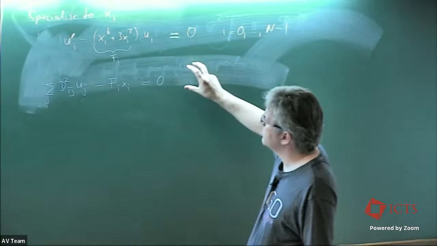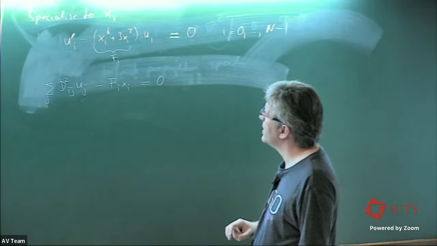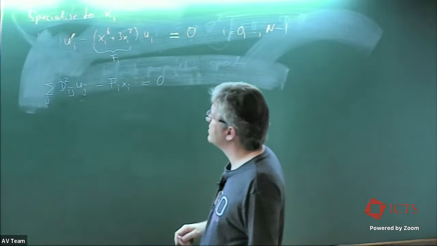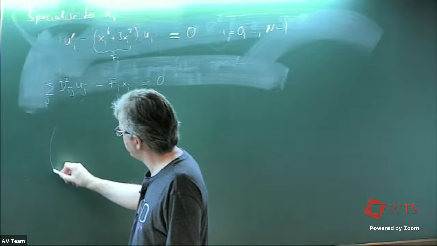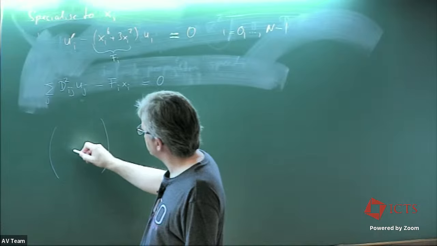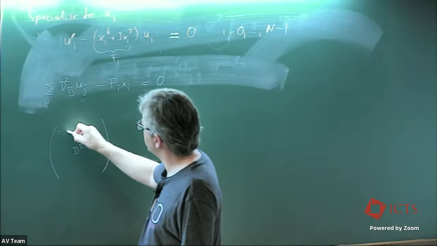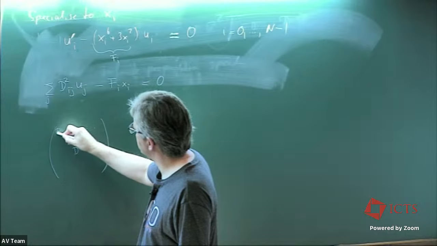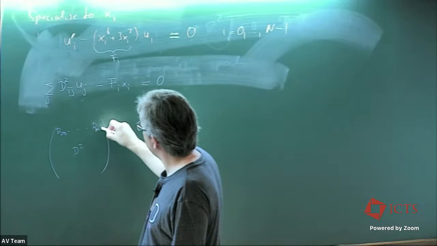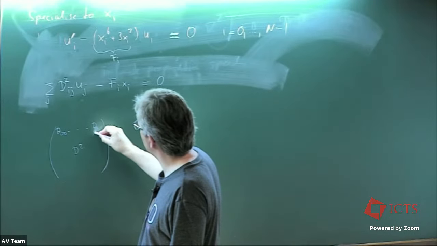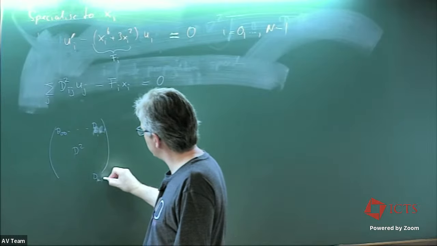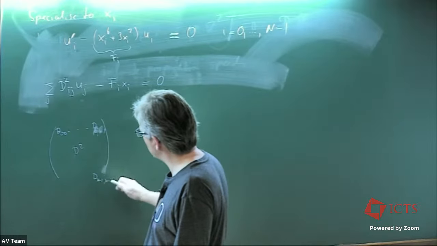And what this now is a matrix equation for the ui. Let me write this out for you. So we have, in the first term, this d squared, which has entries all over. It starts with d0,0 up here. It has a d0,n minus 1 in this corner. And it ends with d n minus 1, n minus 1 in the bottom right corner.